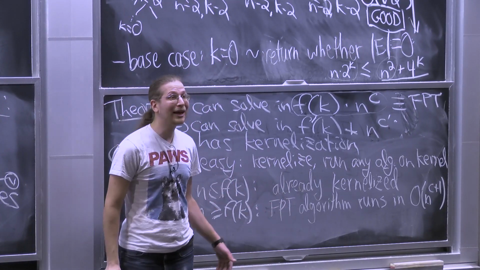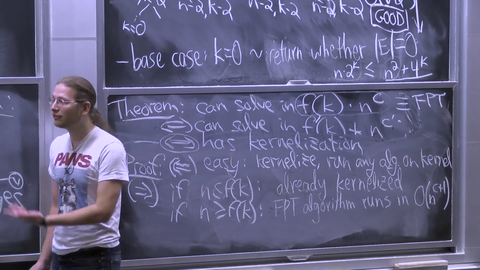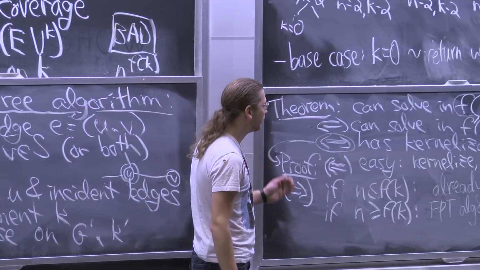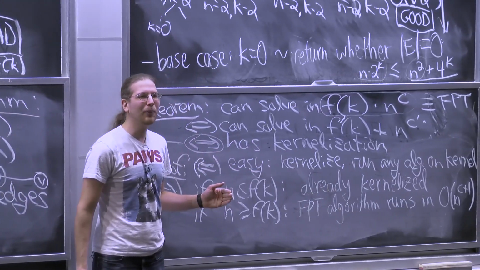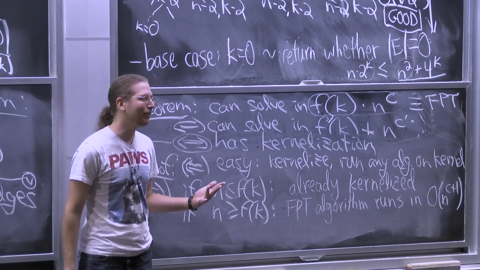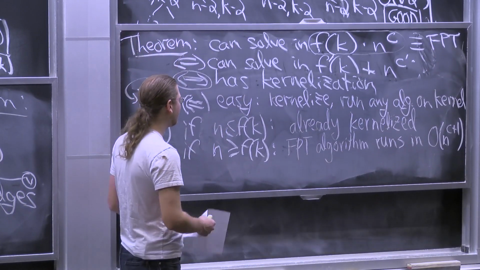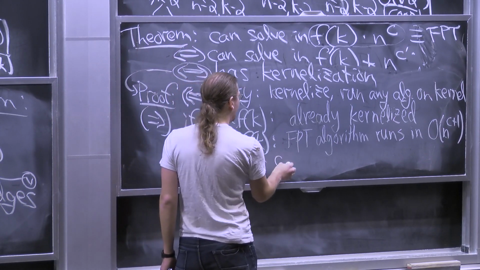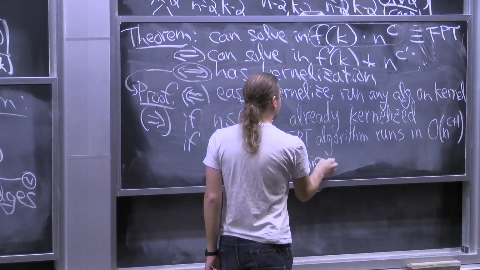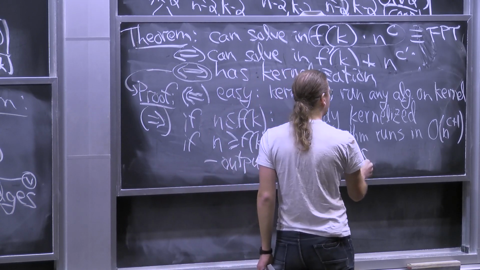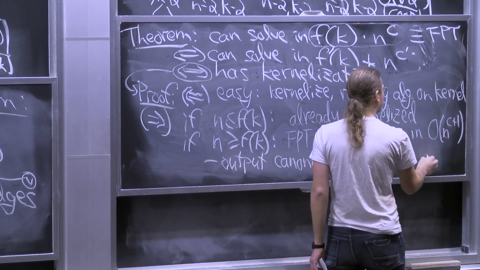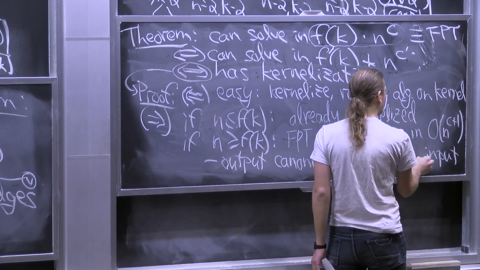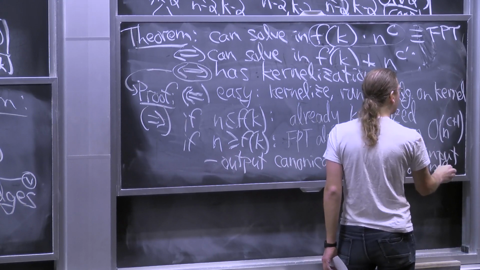Now, the FPT algorithm actually solves the problem. Let's say it says yes or no, whether the answer to my original question. The kernelization procedure has to output an input to the problem. So I need to add one thing here, which is just output a canonical yes or no input accordingly. I'm thinking about decision problems.